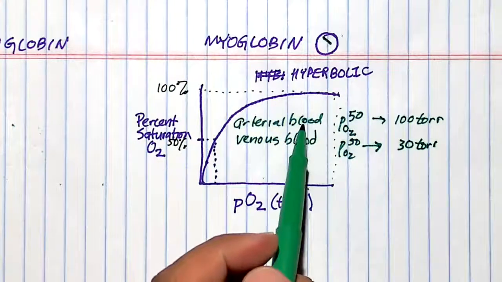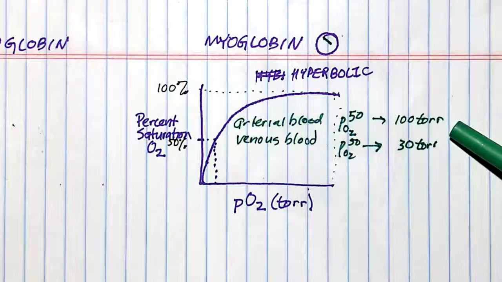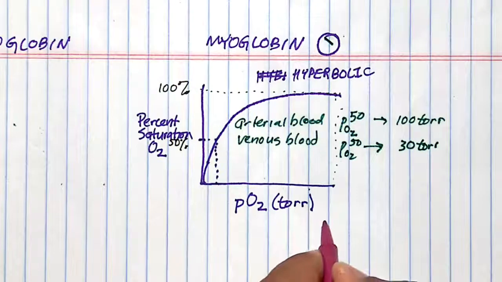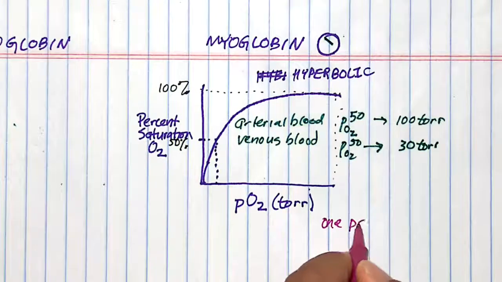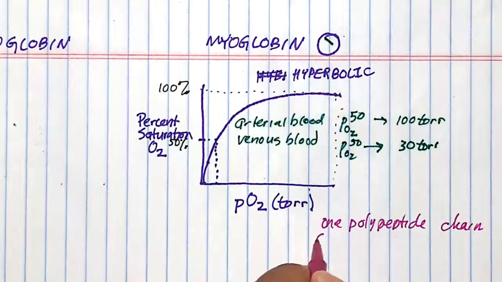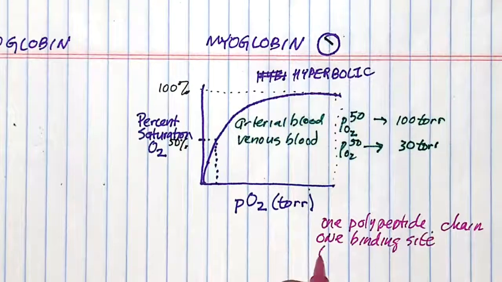You may have some myoglobin molecules in arterial blood that may not have oxygen because it takes 100 torr pressure of oxygen to get 50% of those sites saturated. So myoglobin, let's just summarize it right here. One polypeptide chain, one binding site, one prosthetic group.